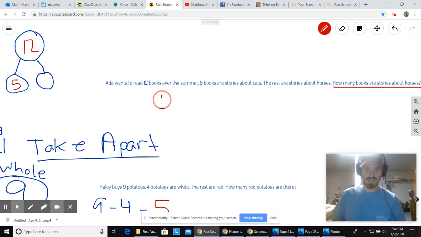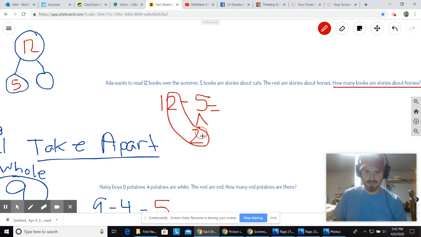Well, I could use addition or I could use subtraction. I'm going to use the make 10 to subtract strategy that I made a video about a few minutes ago. So I know that if I can make this 12 into a 10, this will be a lot easier. So instead of taking all 5 away, I'm just going to take 2 away to make 12 minus 2, and that'll get me to 10.